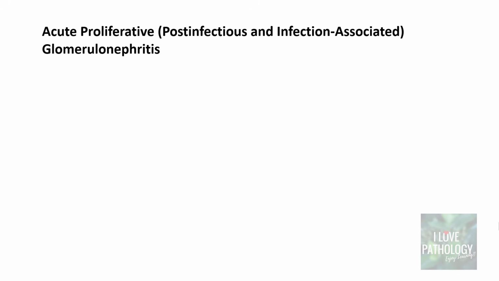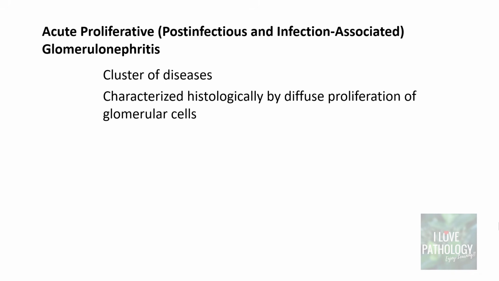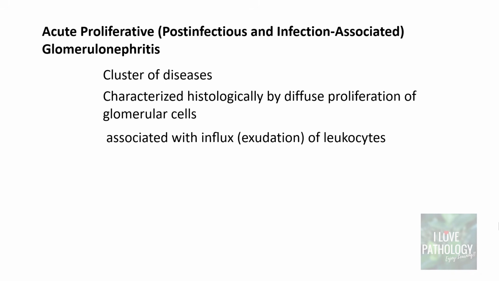So basically, acute proliferative glomerulonephritis can be a post-infectious or an infection-associated glomerulonephritis. These are a cluster of diseases which are characterized histologically by diffuse proliferation of glomerular cells, and that is also associated with influx of leukocytes, particularly neutrophils, and they are typically caused by immune complexes.